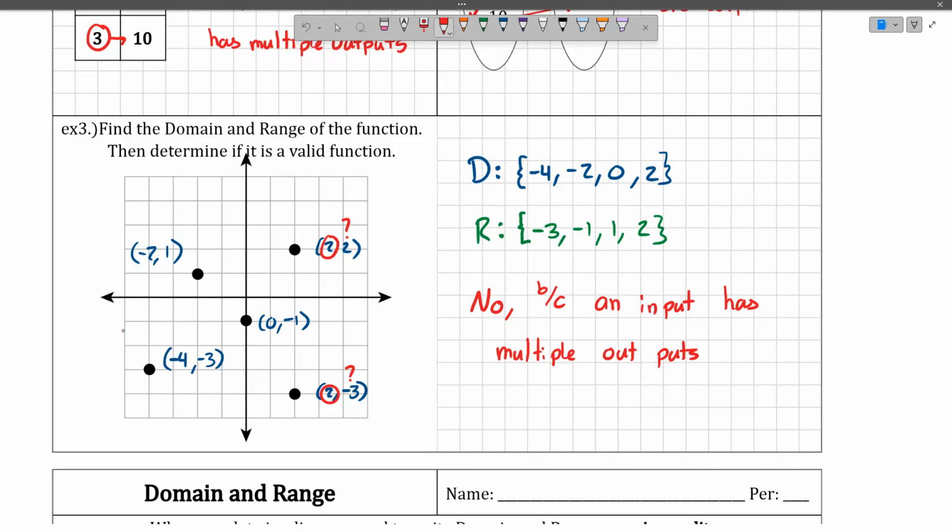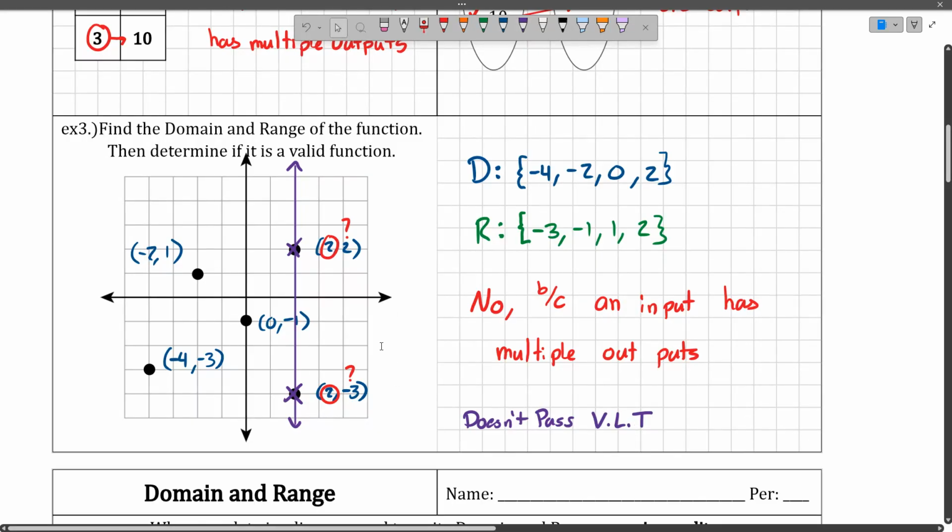And just to prove a point, remember, if I have a function on a graph, we can use something called the vertical line test. If I can draw a straight line and it goes through 2 points, it's not a function. And if I draw a straight line right here, bam, it goes through 1 point, 2 point. It does not pass the vertical line test. Doesn't pass vertical line test, VLT.